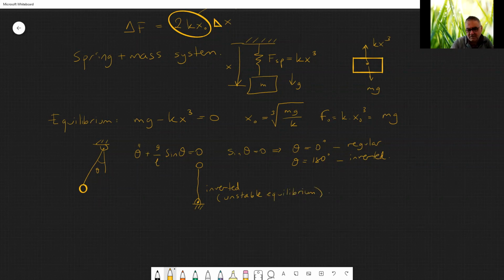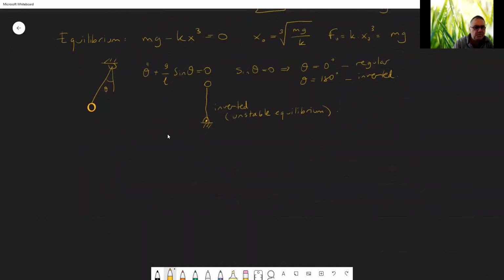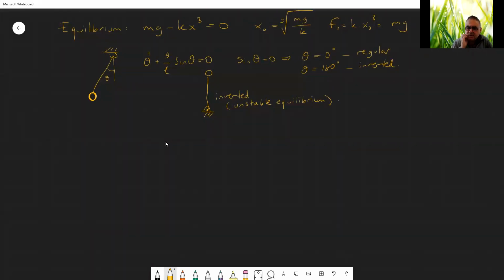Okay, but let's not get carried away. There are equilibrium points in all physical systems. There are points in which the system does not change if there are no extra inputs on it, okay? So these are the equilibrium points. In the equilibrium, basically the derivative terms in the differential equation, you set the time derivatives to 0, okay?